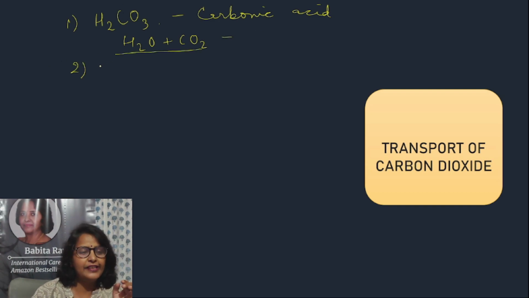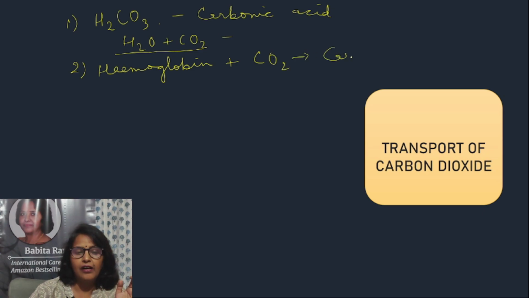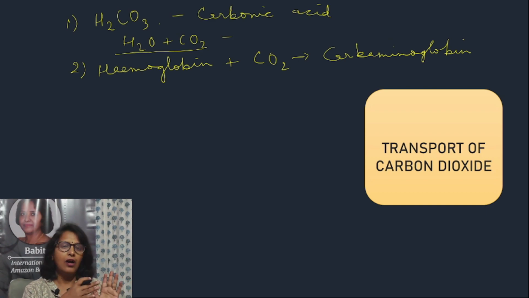Some amount of it is carried when it combines with hemoglobin. Hemoglobin plus carbon dioxide forms carbaminoglobin. Why is hemoglobin capable of carrying oxygen and also carbon dioxide?